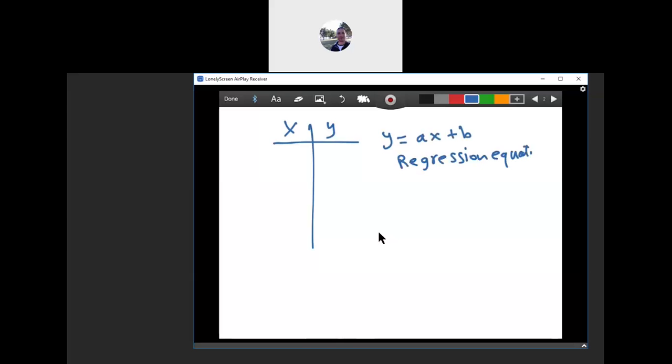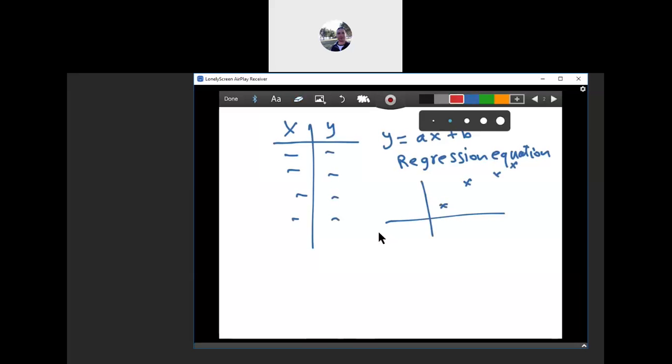Now, if I have values here, I can make the scatter plot, and I may have the best line, so this is y equal to ax plus b. This is the regression equation.